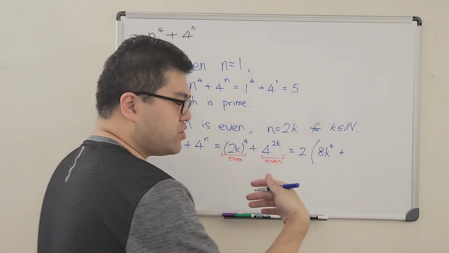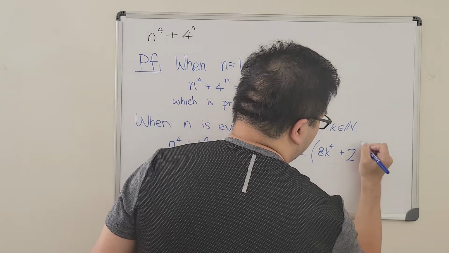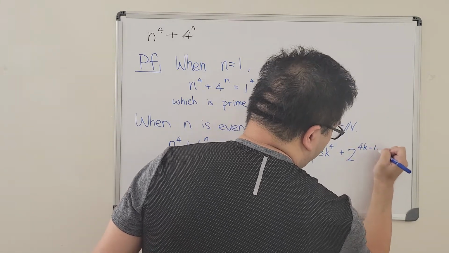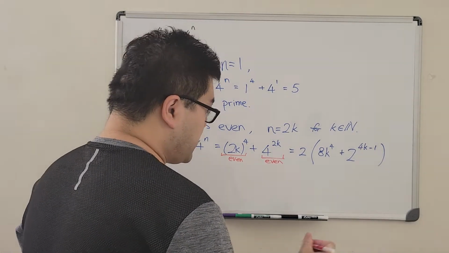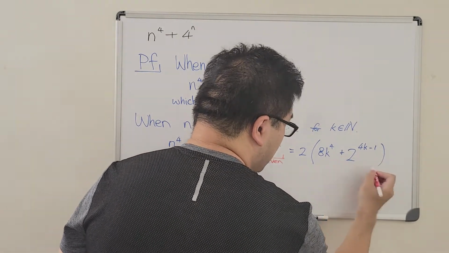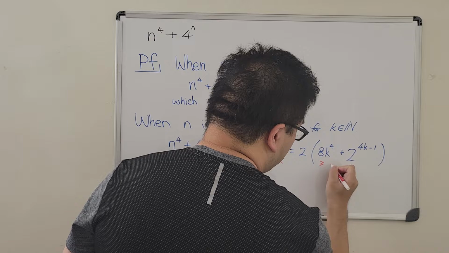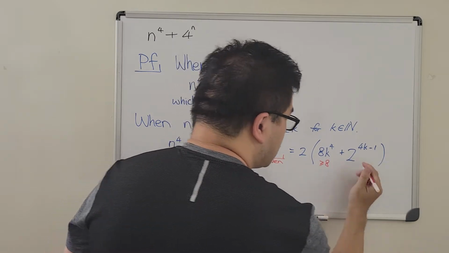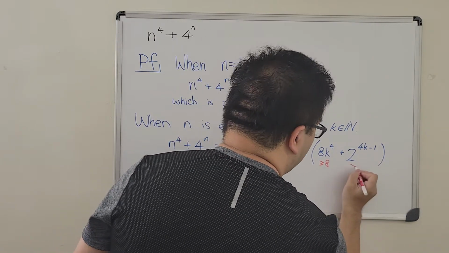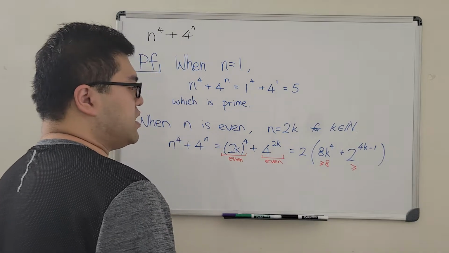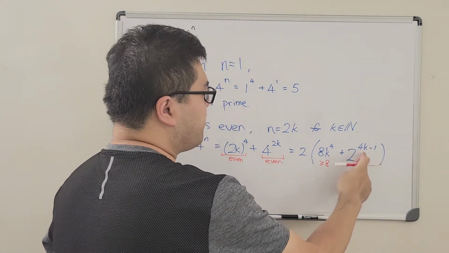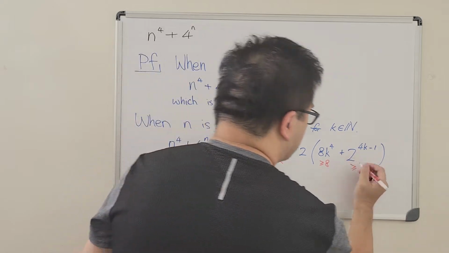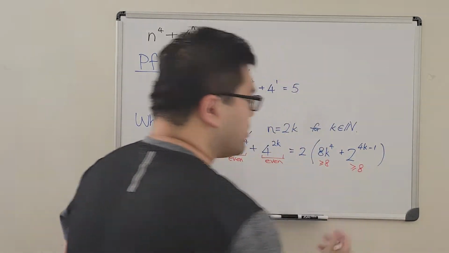If we factor out a 2, we get 2 to the 4k minus 1st power. Okay, and as k is at least 1, this term is bigger than or equal to 8, and this exponent, for the smallest k of 1, gives us 4 minus 1, which is 3, so that term is also greater than or equal to 8.